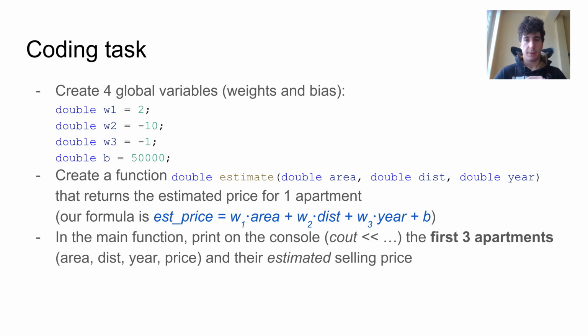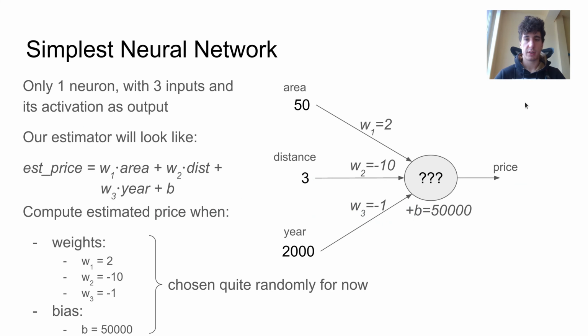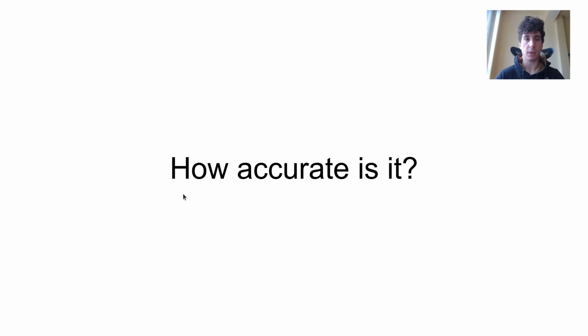So this is it. This is our first simple neural network. We just use one neuron, which is only multiplications and additions. Now, we saw that the first three apartments aren't too great, but let's see how accurate it is in general.